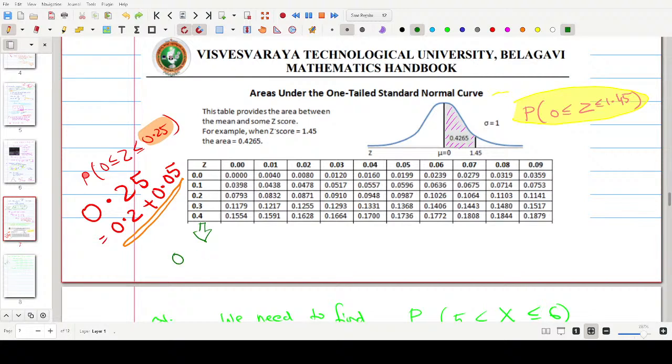Okay, I'll just write it in words. This is 0 point some digit, right? And in the first column, what do we find? We find 0.0 and then some digit.